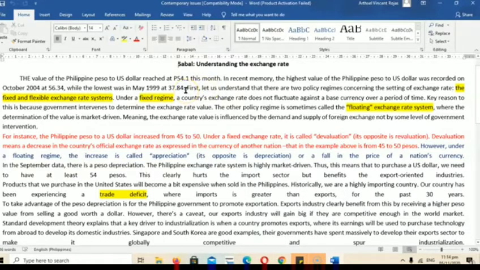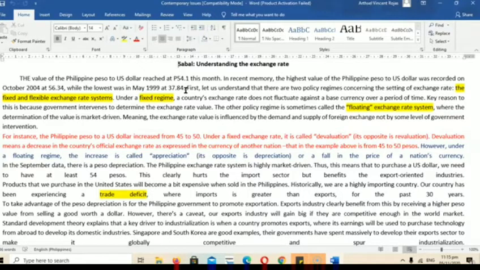So what does it mean when we say the highest value of the Philippine peso to US dollar was recorded in October 2004 at 56.34, and the lowest was in May 1999? First, there are 2 types of exchange rate system, known as the fixed and flexible exchange rate system and the floating exchange rate system.